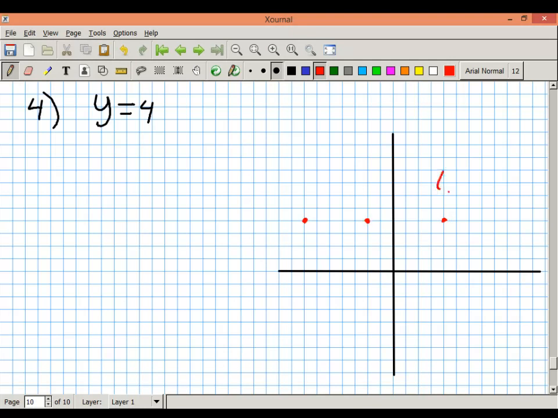Because keep in mind, this is like whatever the x is, comma 4. You could find it, but the really important point is that the y coordinate is always 4. So y equals 4 is a horizontal line, because every single point on it has the same y coordinate, namely 4.